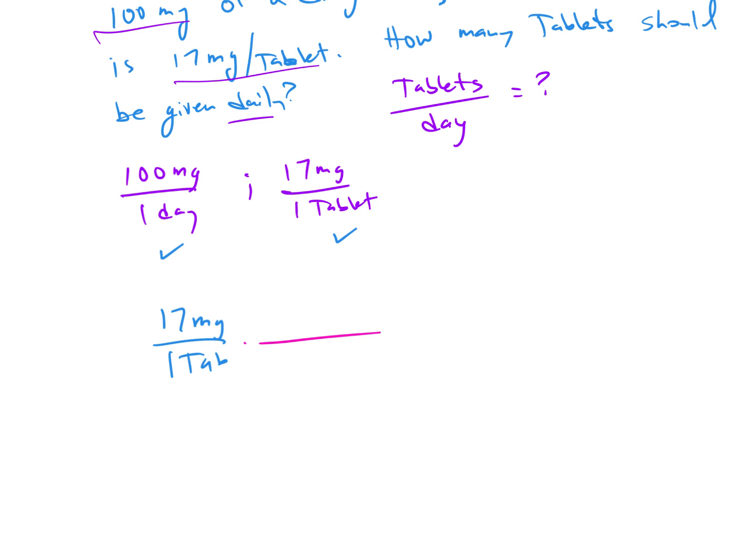Do I want milligrams in my answer? No. So where does it go? On the bottom. Do I know milligrams anywhere? I used that one, so I can't use that one again. Oh, I have milligrams right there, don't I? 100 milligrams per 1 day.